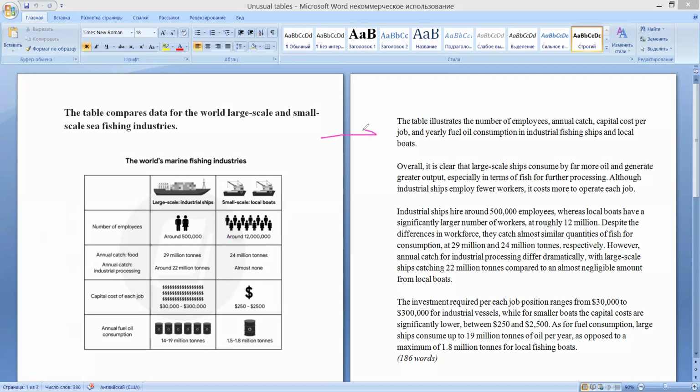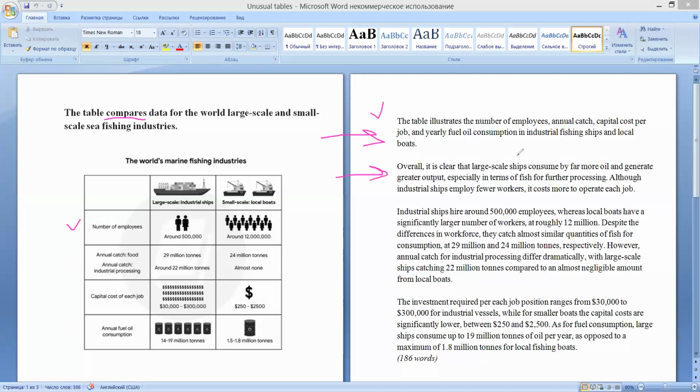Let's see it. We should paraphrase the task. They say the table compares. I say the table illustrates. And then I mention every item: the number of employees, annual catch, capital cost, and yearly fuel oil consumption in industrial fishing ships and local boats. Done. I've paraphrased the task.